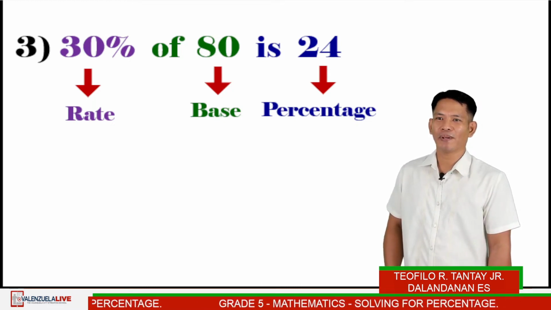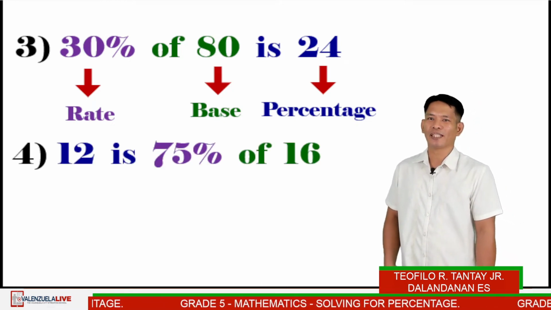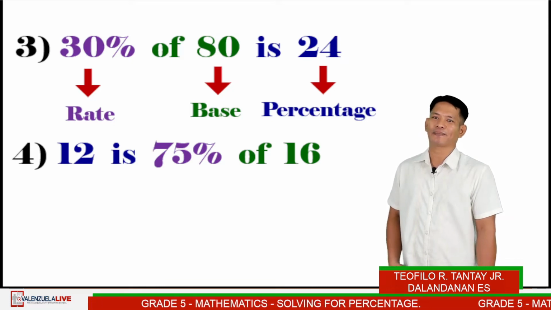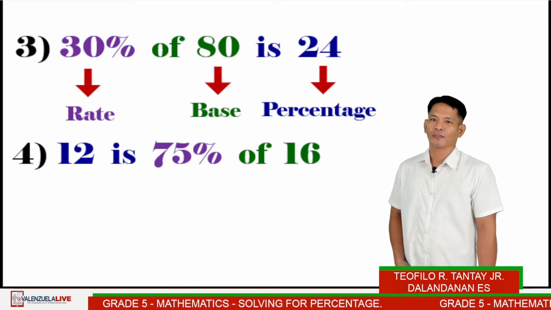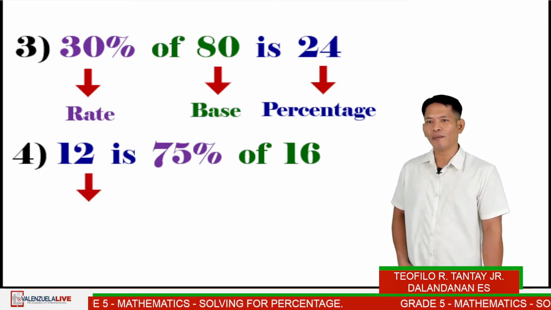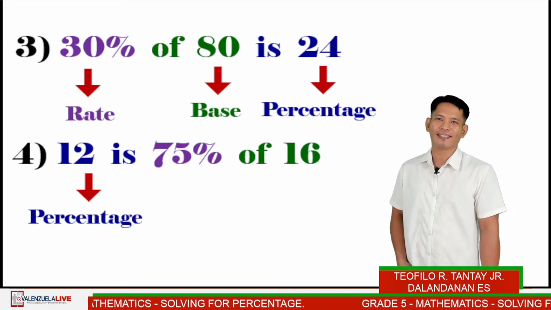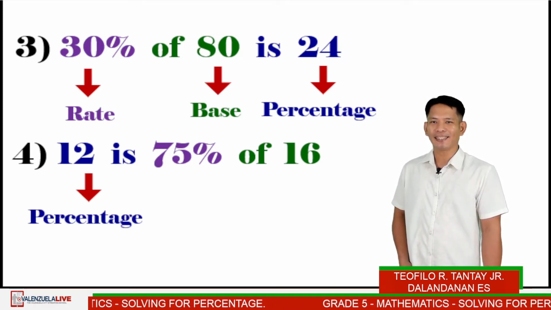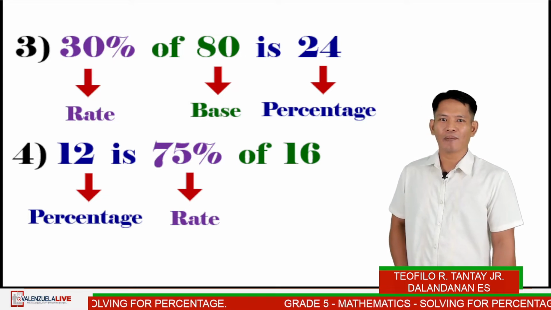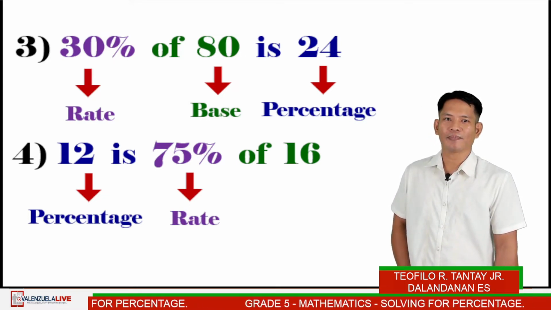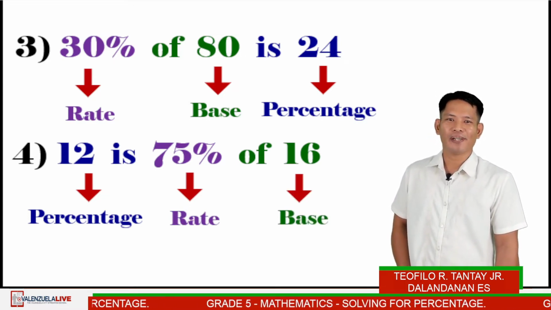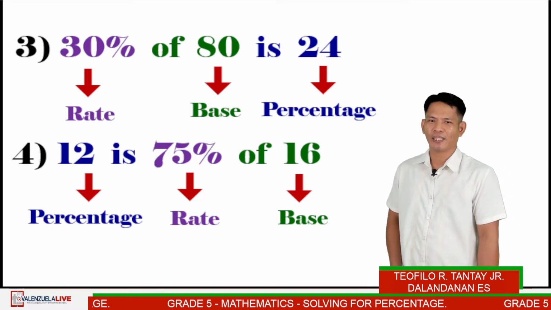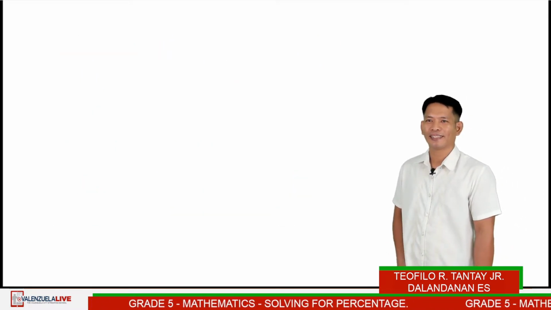How about number 4? 12 is 75% of 16. The three elements: we have 12 as the percentage, 75% is the rate, and 16 is our base. It is followed by the word of.